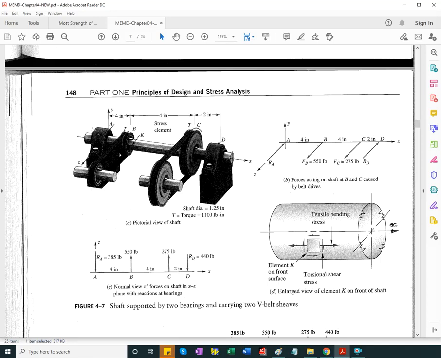So the shaft is going to bend this way. And in addition, between points B and C, we have torsion because there's torque transmitted between these two pulleys.